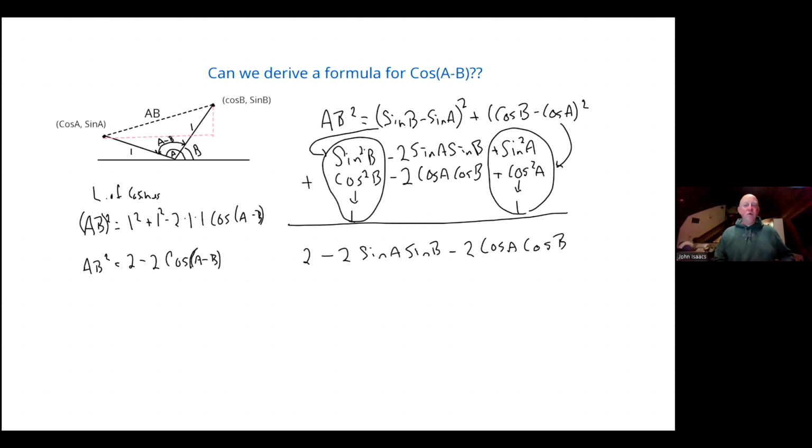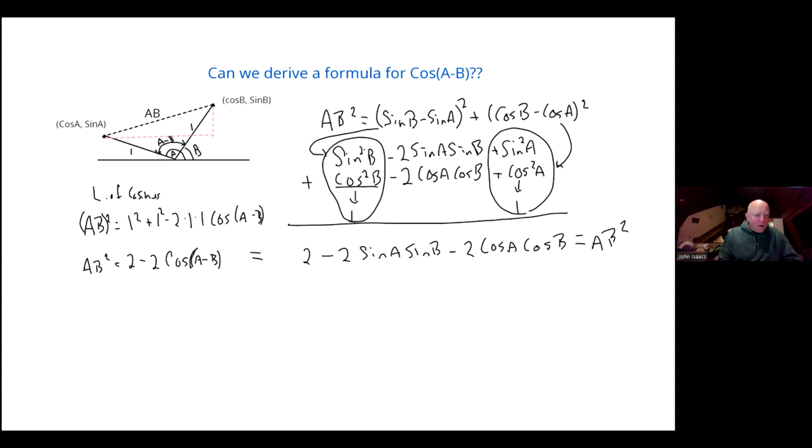Both of these statements equal 1. And this is all equal to AB squared. So this equals AB squared, and this other statement equals AB squared also.